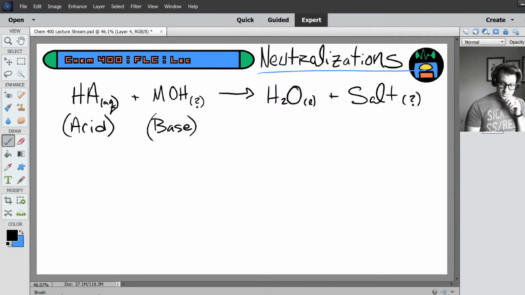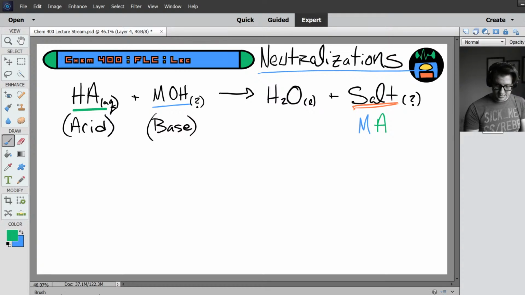Now this salt, right here, as we already know, salt is a generic term for an ionic compound. The formula for this salt will be made up of a metal cation and the anion that's left over after the acid donates its proton.